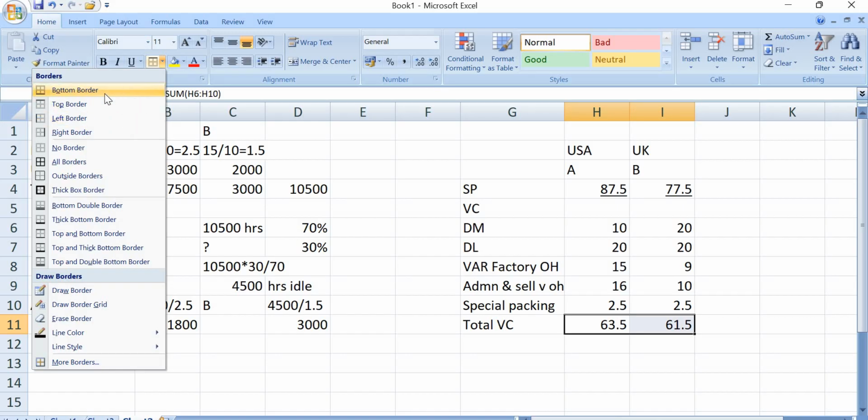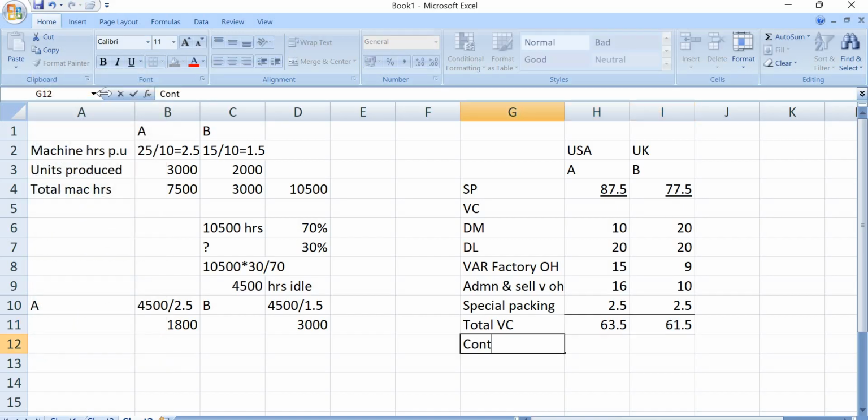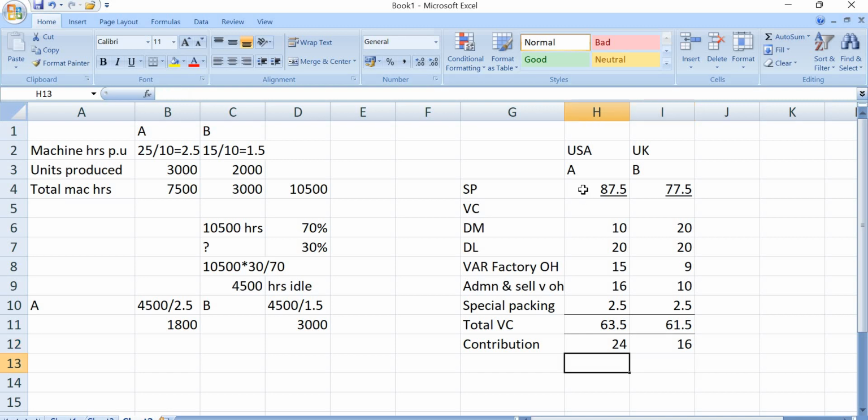Now I need to calculate contribution. What is the formula for calculating contribution? Sales minus variable cost. It is 87.5 minus variable cost 63.5, so 24 and 16 I have. What I told initially, we need to calculate contribution per machine hour. For producing 1 unit of A, I require 2.5 machine hours, and for B 1.5.